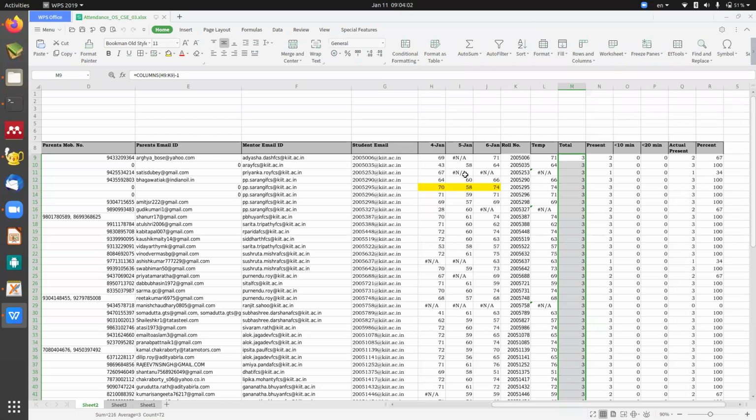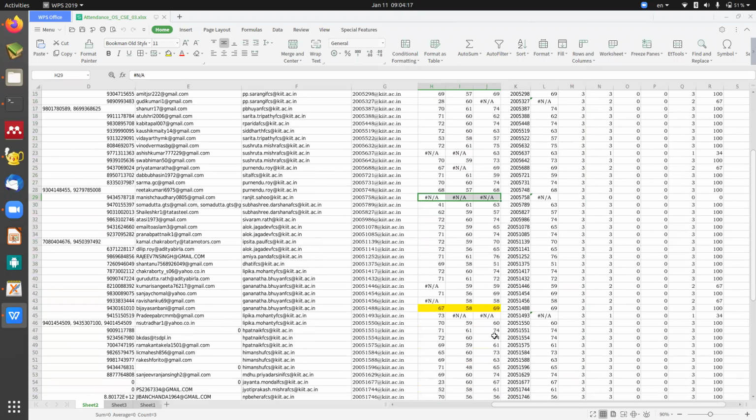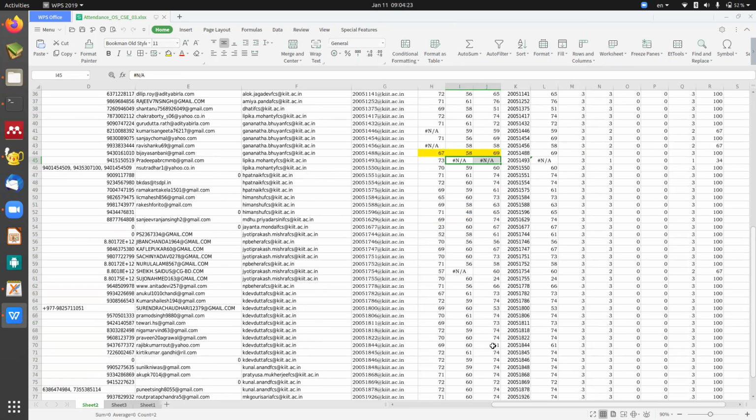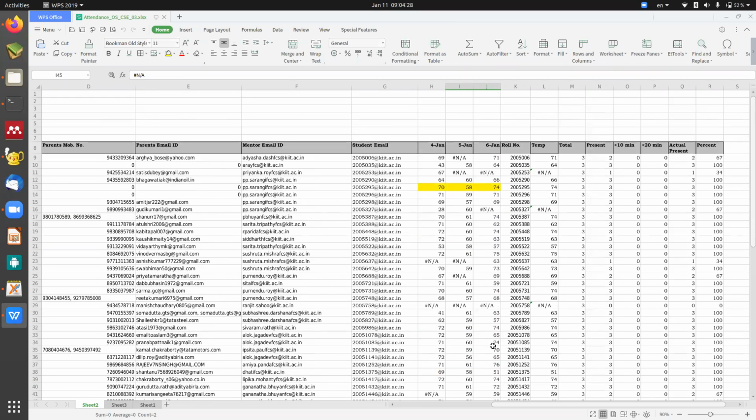Like if roll number 253 is absent continuously, he was absent in the last class as well. Also 637 and 758, and 1493. These are the main absences. Okay, so now it is 4.